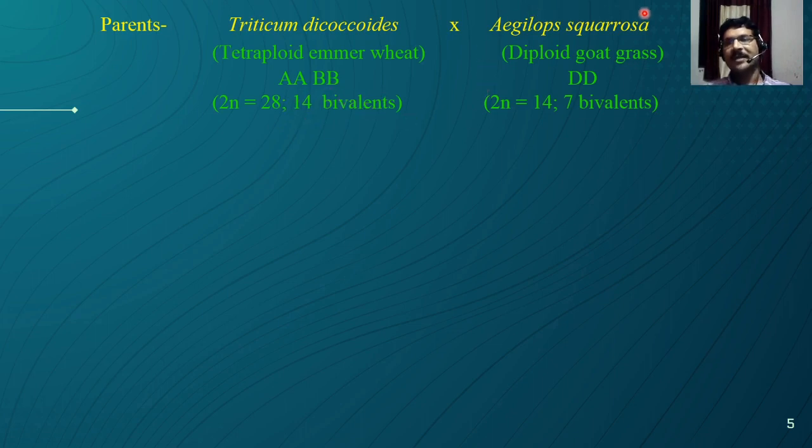Another parent is Aegilops squarrosa, a diploid goat grass. As it is diploid, it contains only 2 genomes, or 2 sets of chromosomes, DD. Here 2n is equal to 14, meaning 7 bivalents, 7 pairs of chromosomes. So one parent is tetraploid and one parent is diploid.